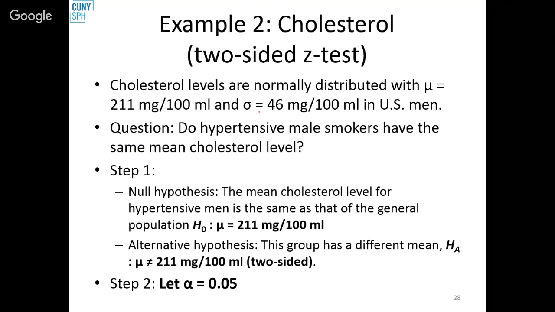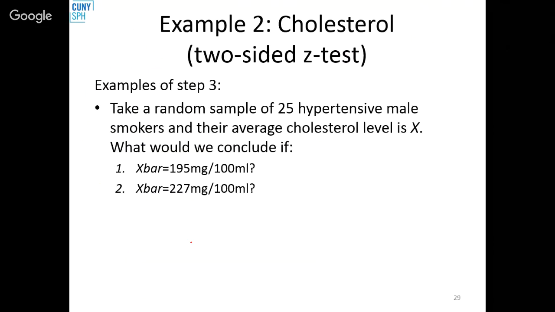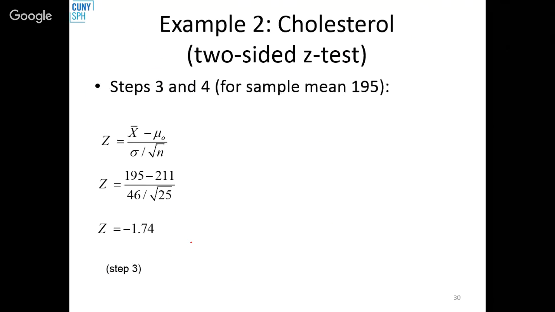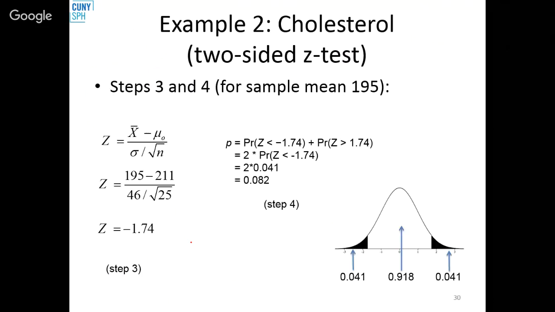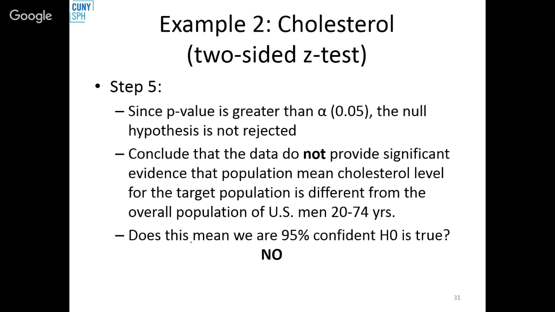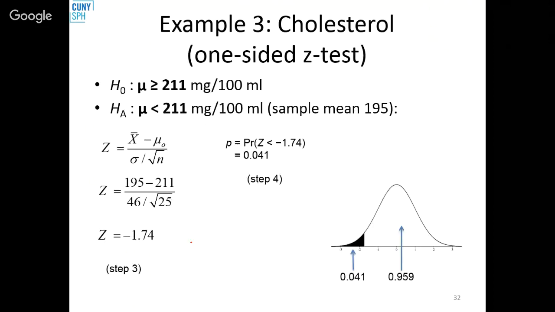So you're using the table of the standard normal distribution instead of the table of the t distribution, calculating a z statistic and calculating a p-value or the statistic, and making your decision on the null hypothesis.